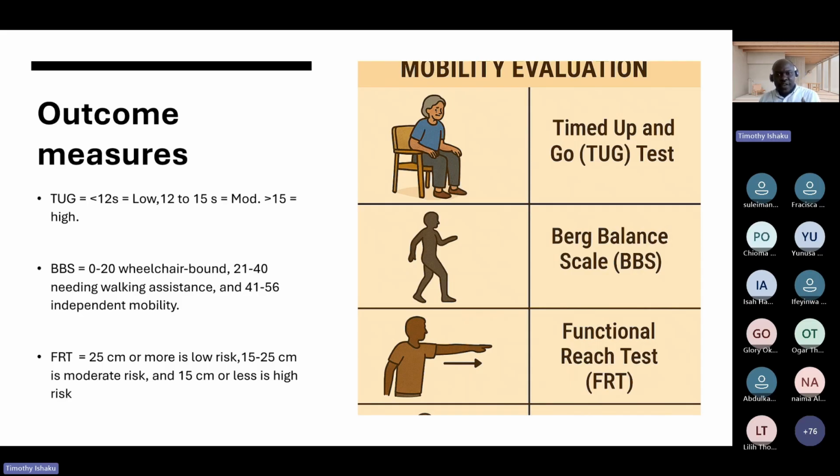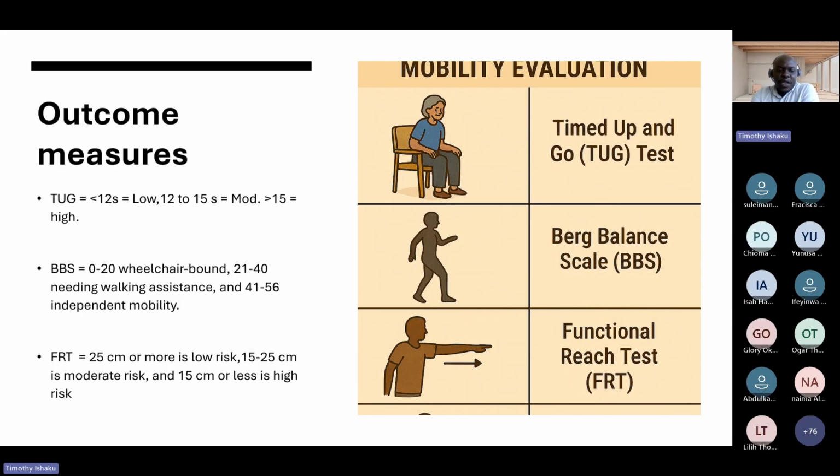Then you're looking at somebody walking, that's mobility. You're seeing the quality of their walking, are they swaying, and then the balance, because there is dynamic as well as static balance. When they stand up, they need to balance themselves and walk.